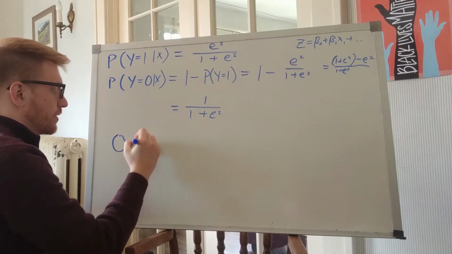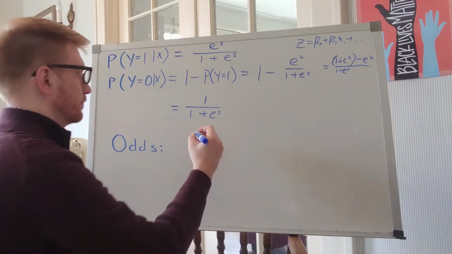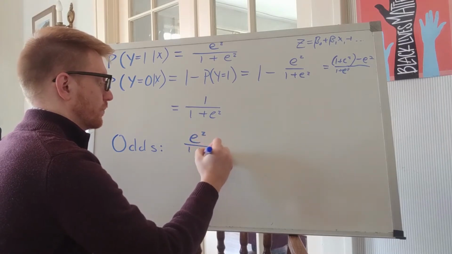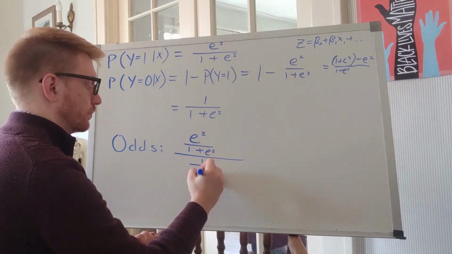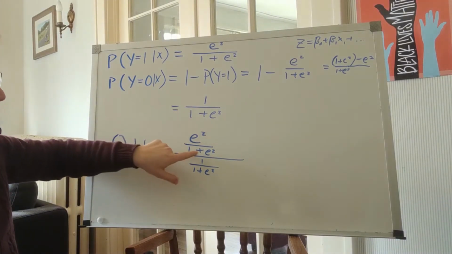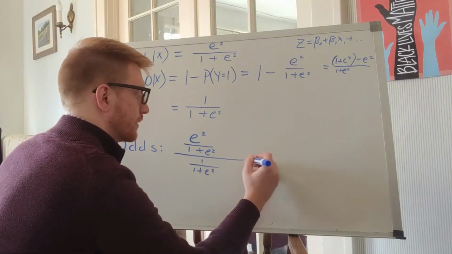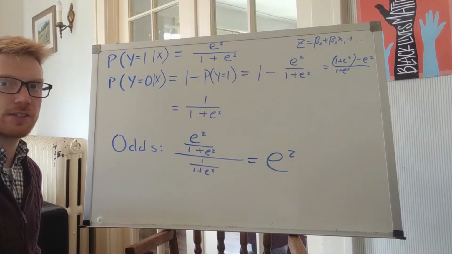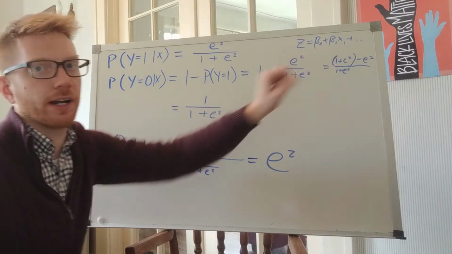So if they're equal odds, it's 1 to 1. So the odds are e to the z over 1 plus e to the z, over 1 over 1 plus e to the z, which is e to the z. That's our probability that it happens over the probability that it does not. This is the odds for a given value of z, so this is a function of our x's.